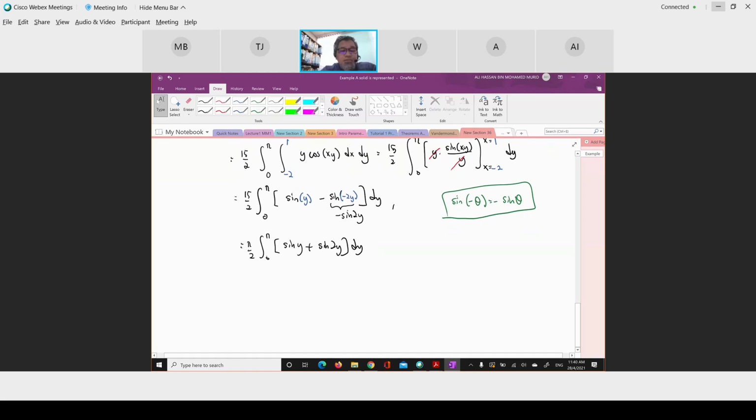Okay, let's consider a more challenging solid G, where it is bounded between two surfaces. In this diagram, this is an illustration where we have a solid G bounded above by the surface z equal to f1(x,y), and the lower surface is represented by z equal to f2(x,y).